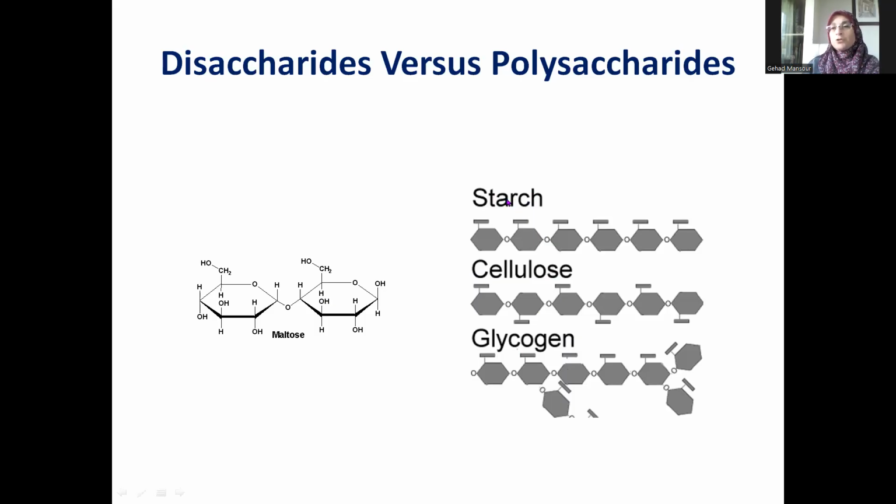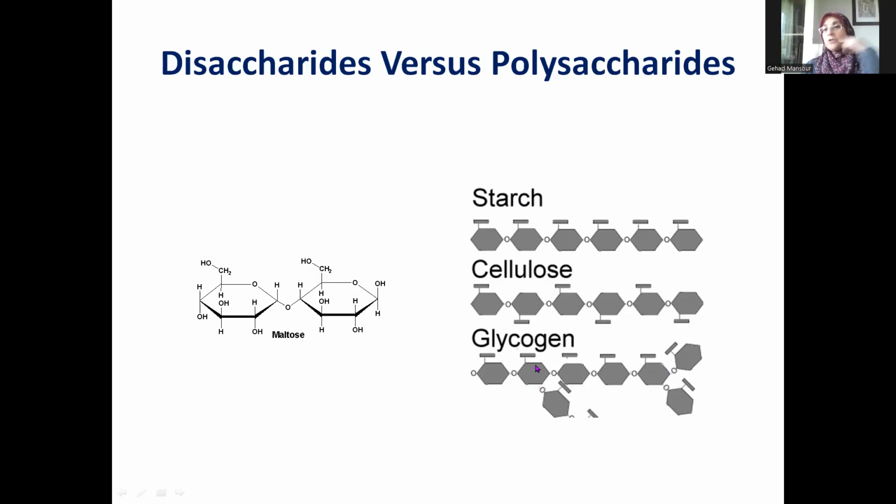Starch is the storage form of carbohydrates in plants. That's why when we eat potatoes or sweet potatoes or any kind of plants that contain energy reserves, it would be starch. Glycogen, on the other hand, is another polysaccharide, but as you see, it is more branched and more complicated than starch, and it needs a more developed, more elaborated enzyme, which is pancreatic amylase.